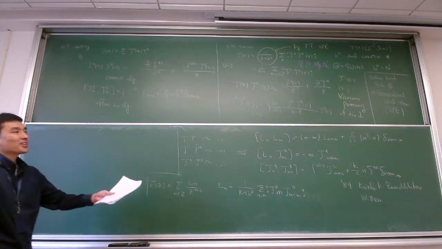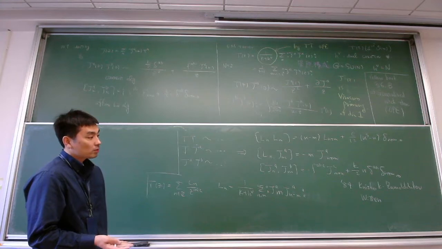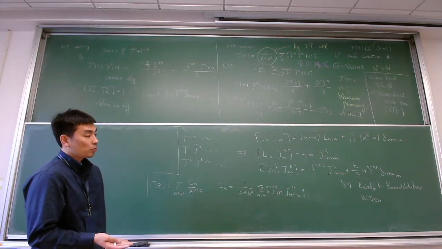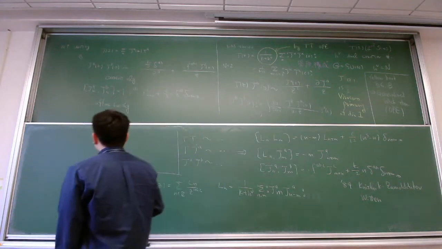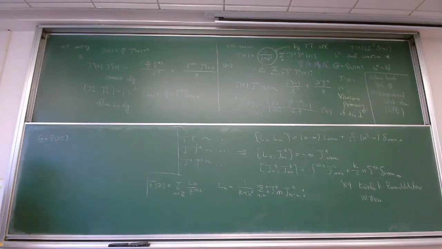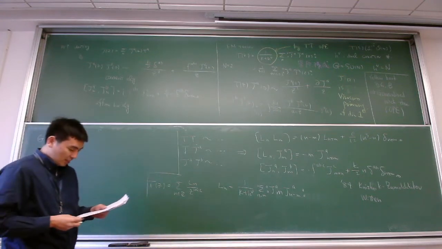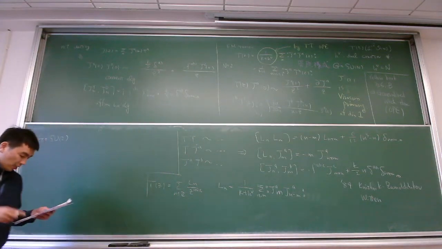Already almost 40 years after the work, for G equal to SU2, many things are understood. But for other groups, there are lots of mysteries involved. So there are lots of open problems.